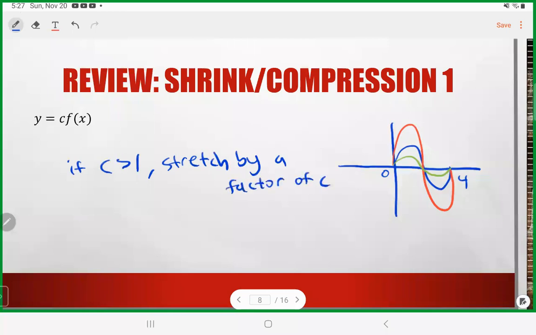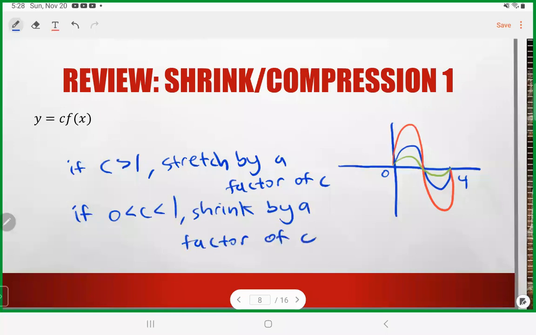If c is a fraction that's not 0, and of course less than 1, you're going to shrink or compress it by a factor of c. And of course if it's just 1, nothing happens because it's the same thing.